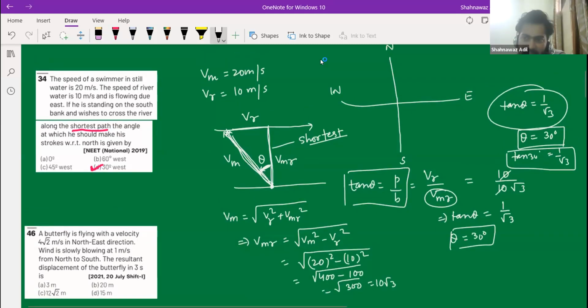If you have any doubt, please tell me. This was the best direction, 30 degrees. Yeah, please note this down, and then we'll do the next question.